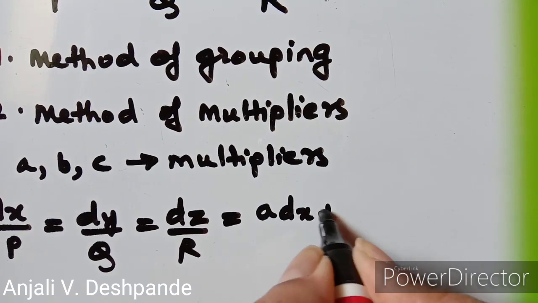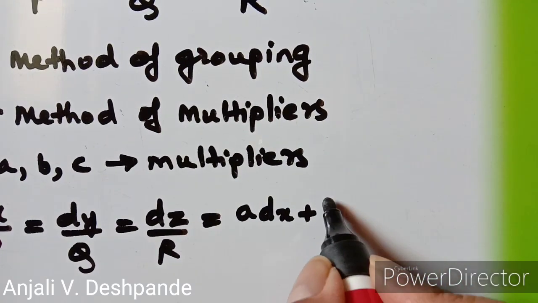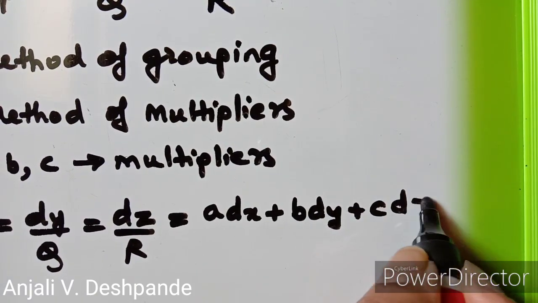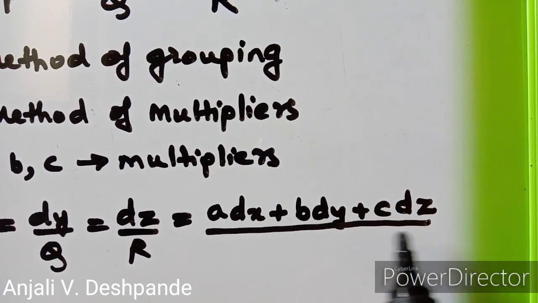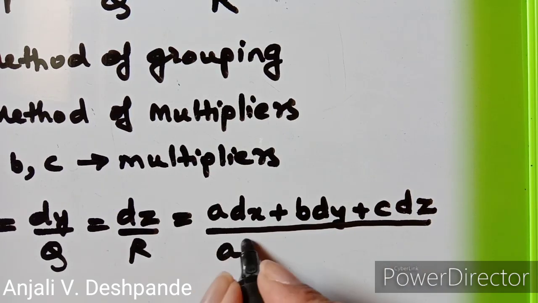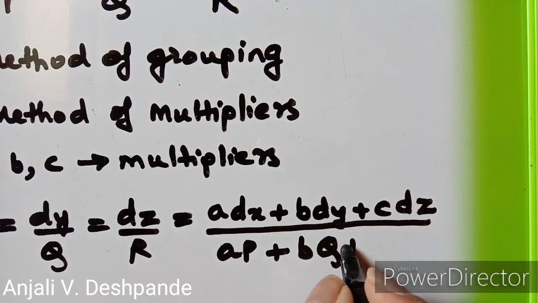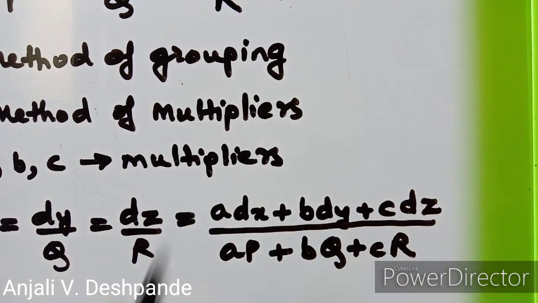So a dx plus b dy plus c dz divided by ap plus bq plus cr.